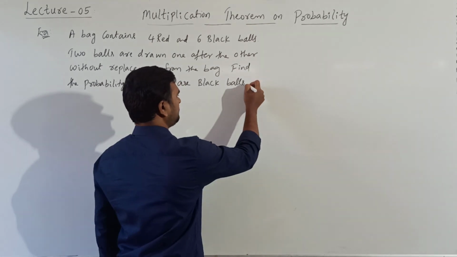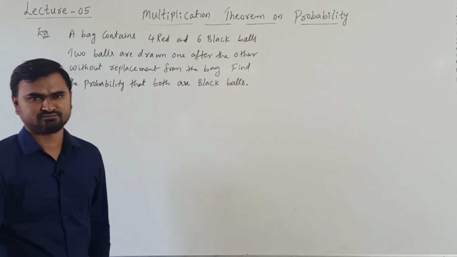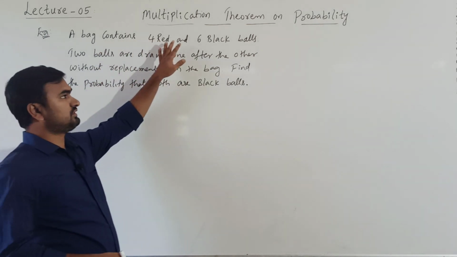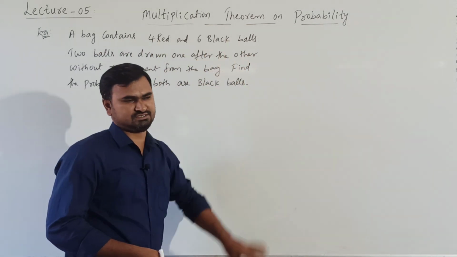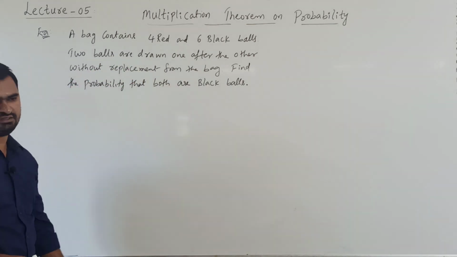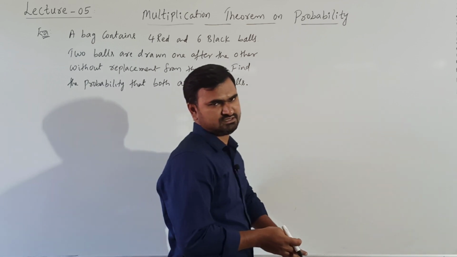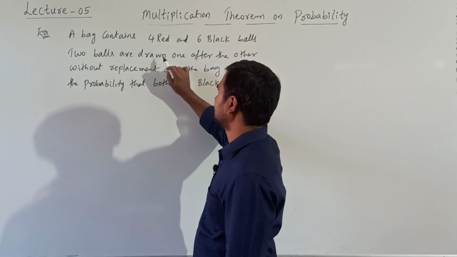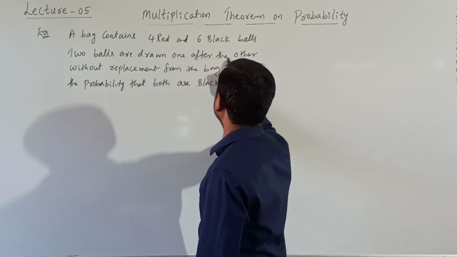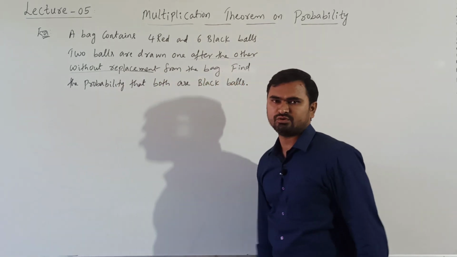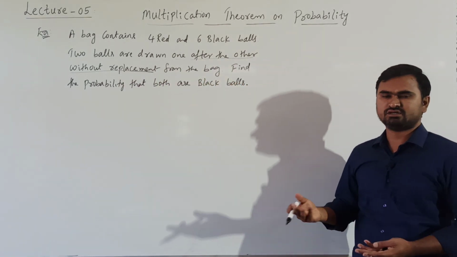So this is the probability we have to find here. Observe there is a bag containing 4 red and 6 black balls. Now from that bag we are drawing 2 balls. How we are drawing the balls is very important. Here the balls are drawn one after the other and without replacement.